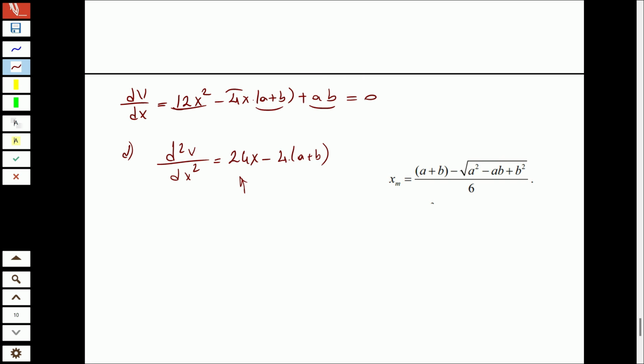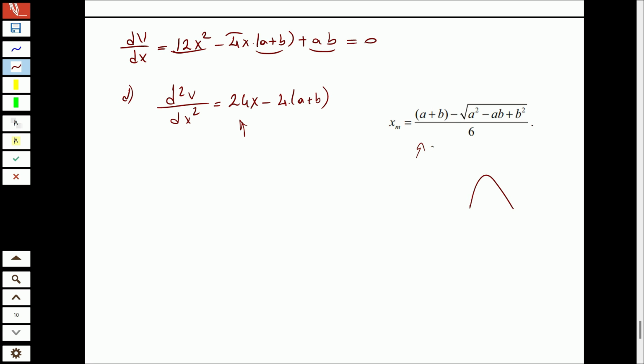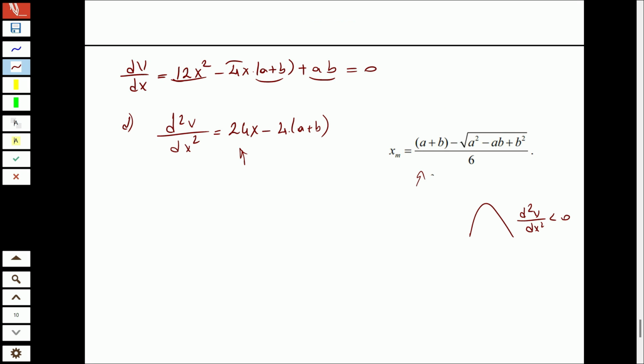If the second derivative is less than 0, this x sub m will be a local maximum, because the graph will be like this. When it is concave down, the second derivative is less than 0, for a local maximum. I will just substitute this value into this expression and check whether it is less than 0 or not.